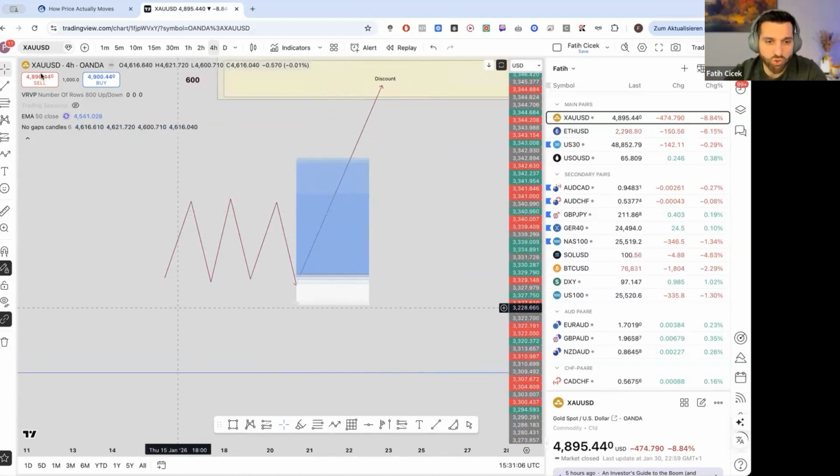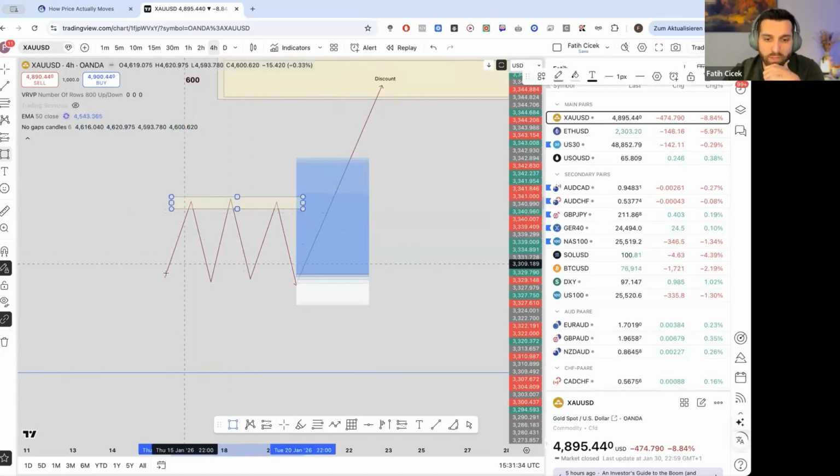So what they want to do is sweep the liquidity. They're basically printing this accumulation. They're actively printing this accumulation. And in any single phase of accumulation, any type of liquidity or any type of trend line, liquidity is going to be built.